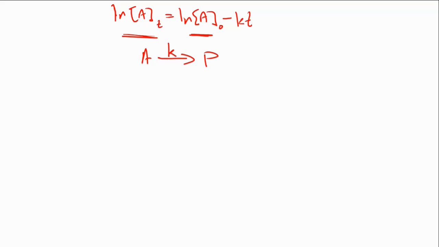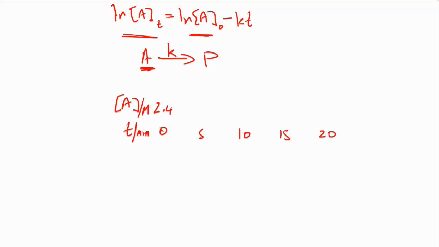If during this reaction, you're able to measure the concentration of A at different time intervals, let's say at t equals 0, t equals 5, 10, 15, and 20 minutes, you are able to measure the concentration of A. And let's say you started out with about 2.4, and this is in molar.